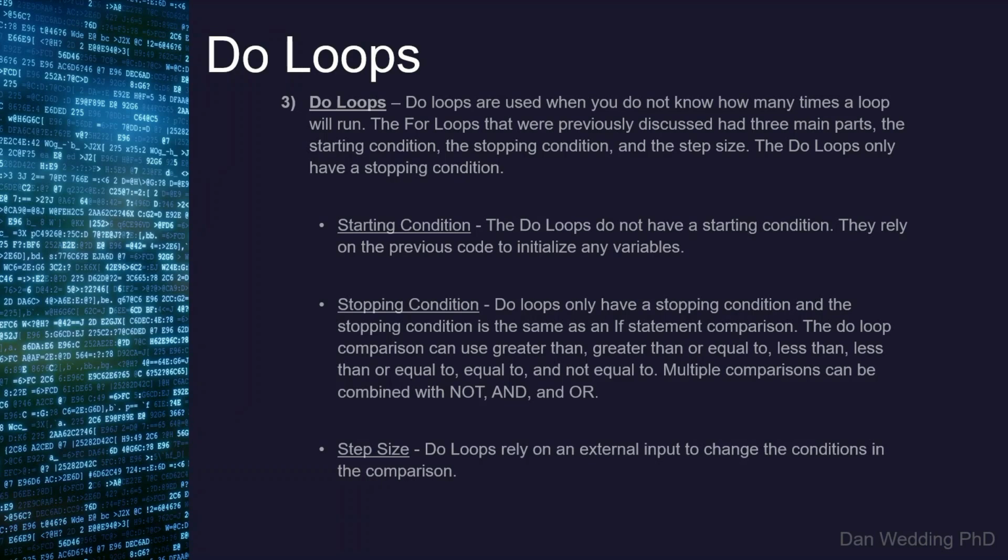The do loop comparison can use greater than or equal to, less than or equal to, and not equal to. Multiple comparisons can be combined with not, and or. Do loops rely on an external input to change the conditions in the comparison.